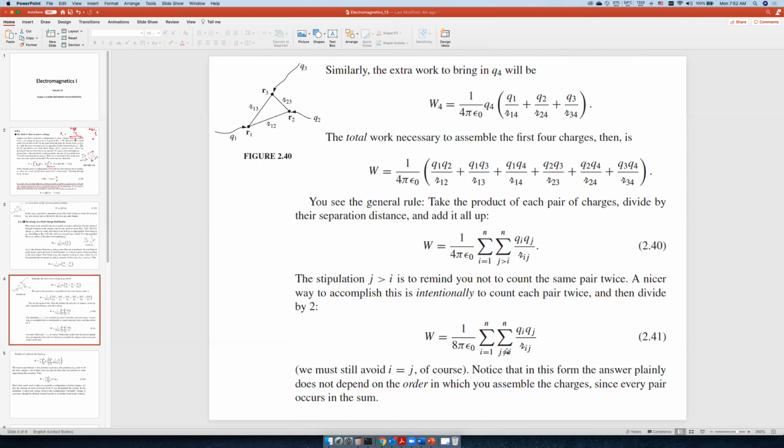In this case, you double counted every pair because, for example, Qij could be Q1 Q2, and Qji can also be Q1 Q2. So each pair has been counted twice. So you need to divide by 2, which gives 1 over 8 pi epsilon 0. Okay.